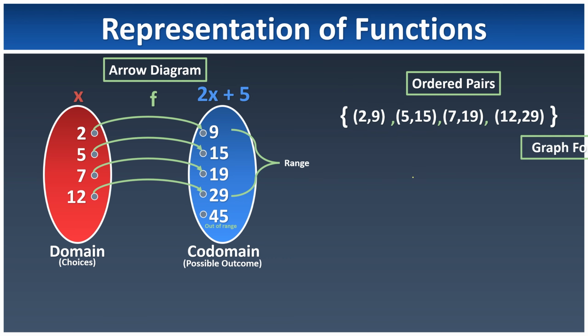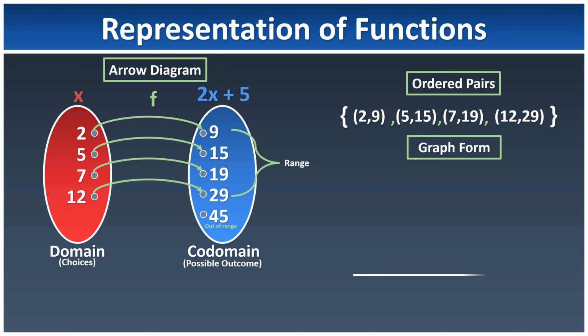And last, we learn how to draw it out in graph form. The x-axis is our input and the y-axis is our output. So this is the object, this is the image. Sometimes if the function is g of a, we know the input is a, so our x-axis is going to be a, and the y-axis is the image, which is g of a.